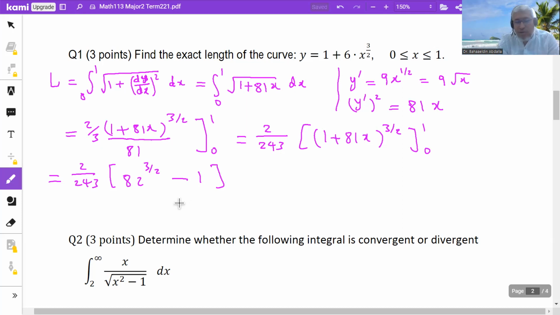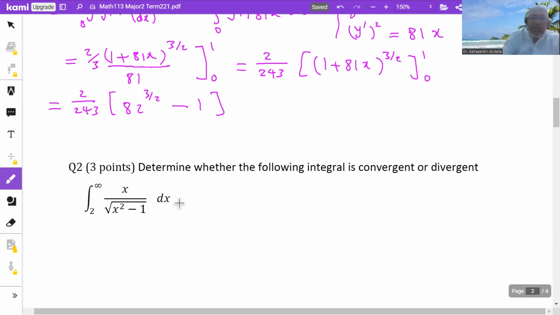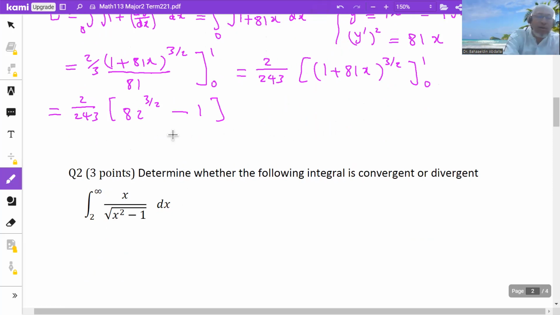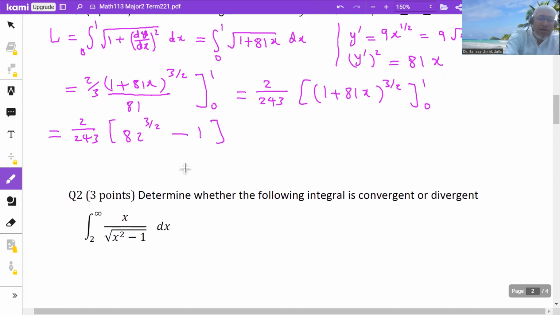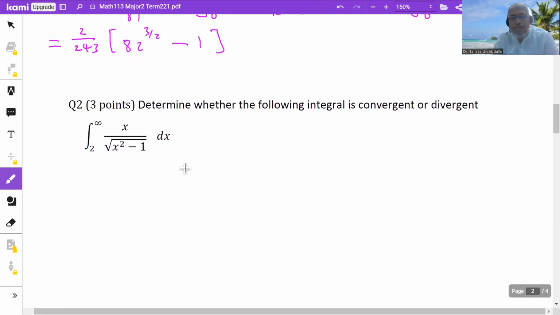And this would be the final answer. This is the exact answer. You can approximate using the calculator, but there is no need. That's the exact answer, but you can check your answer by calculator if you like. So find an approximation of this and put this in the calculator and make sure that your answer is correct.